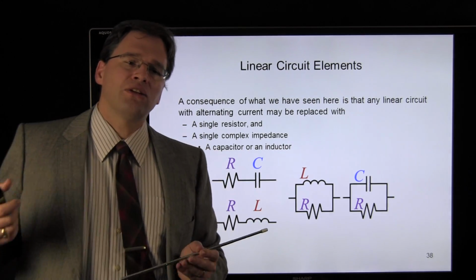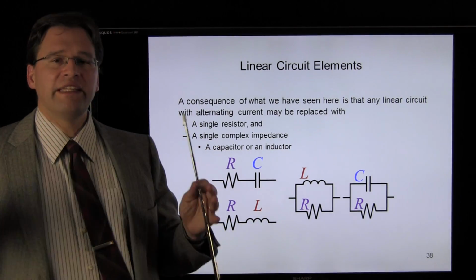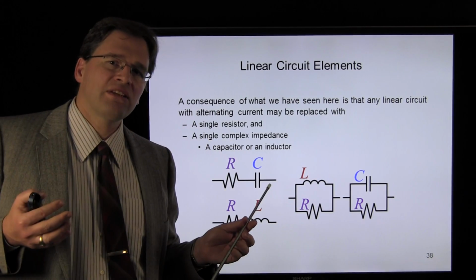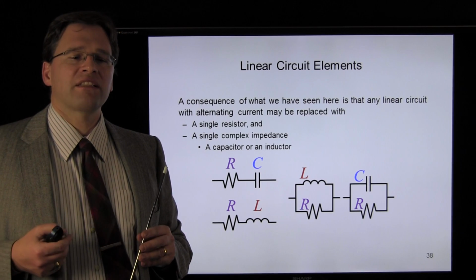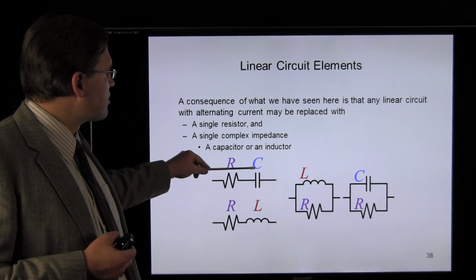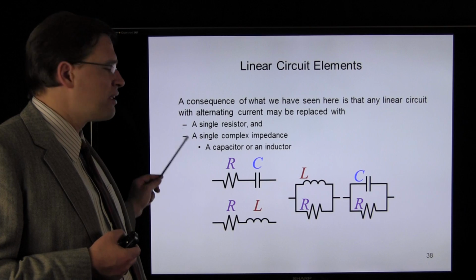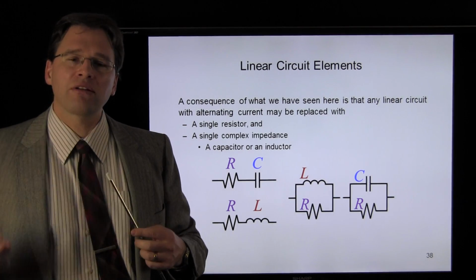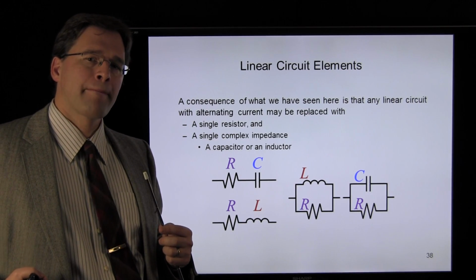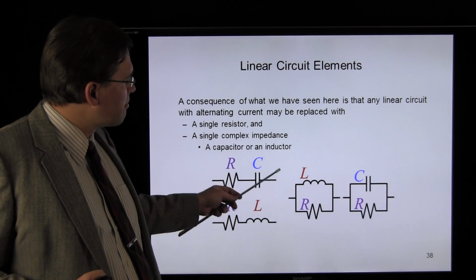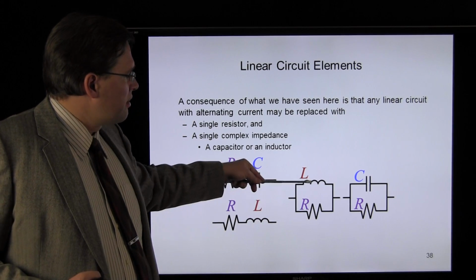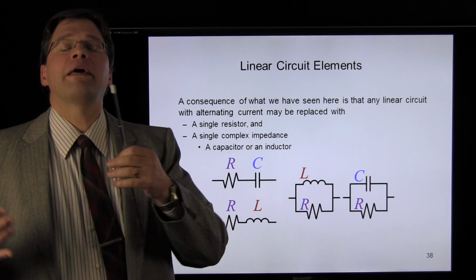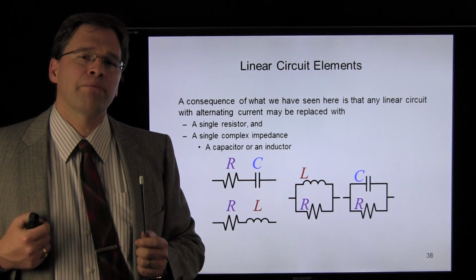So this essentially tells you that any linear circuit consisting of only inductors, capacitors, and resistors can be replaced by a single resistor and a single capacitor in series, or a single resistor and a single inductor in series, depending on the sign of the imaginary part. Or at the same time, they can be represented by an inductor and a resistor in parallel, or an inductor and a capacitor in parallel, again depending on the sign of the imaginary part.